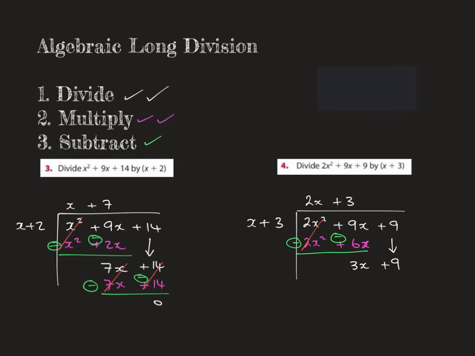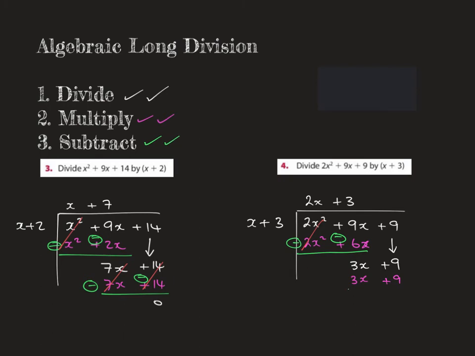Next step is to multiply. So x times plus 3 gives you 3x. And 3 times 3, you can see there, will give us 9. The last step is to subtract.